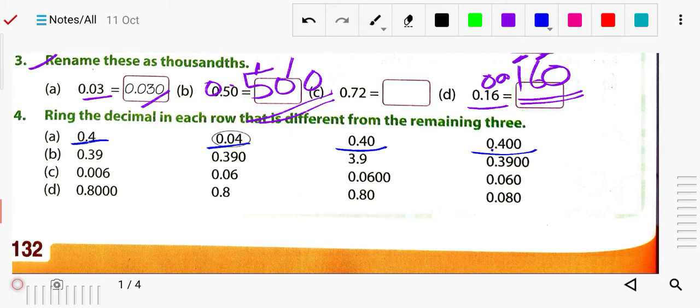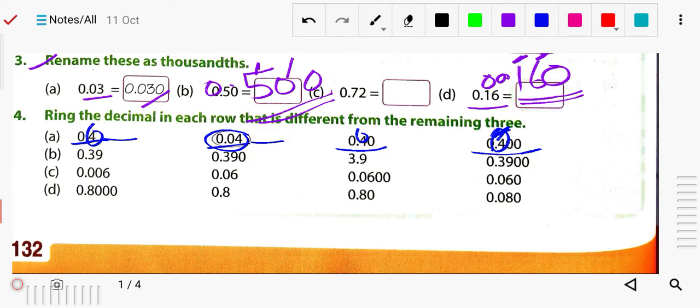The 4 is there, 4 is there, 4 is there. After that you can place any number of zeros, but this 4 we cannot shift to any side or change its place. Here it is changed, so that is not the same value. The last digit of the decimal should remain at the same place.